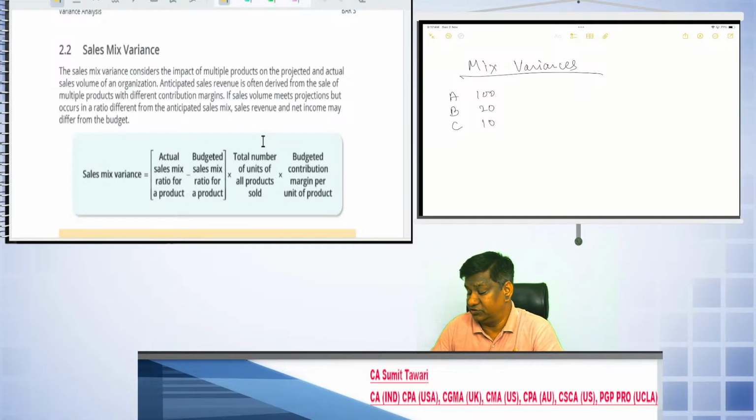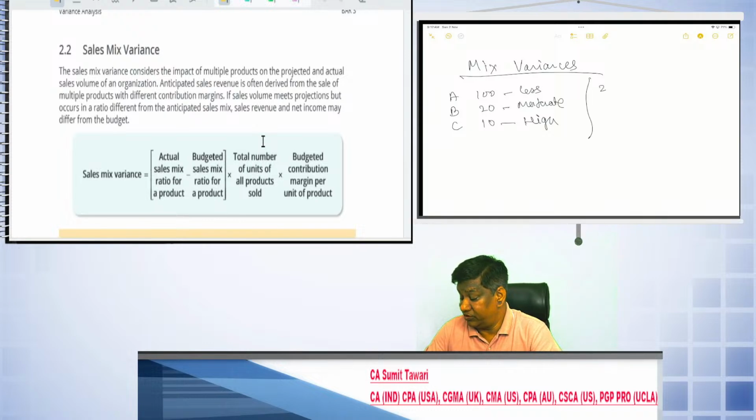If A product has a low margin, B product has a moderate margin, and C product has a high margin, and I calculated my sales and cost of goods sold on this basis, but instead I sell 200 quantity, 10 quantity, and 5 quantity.